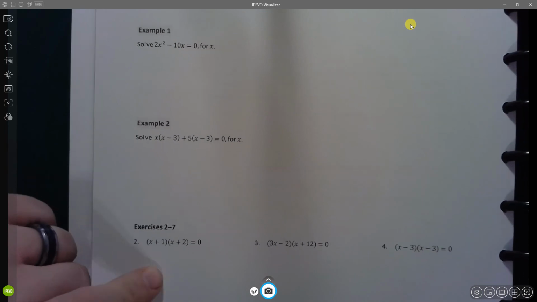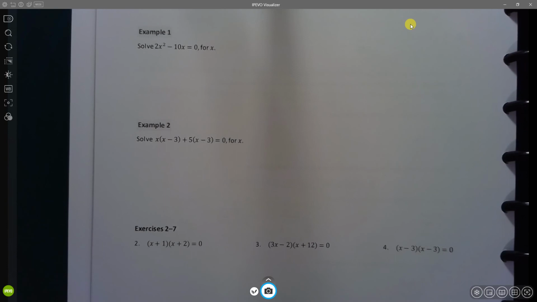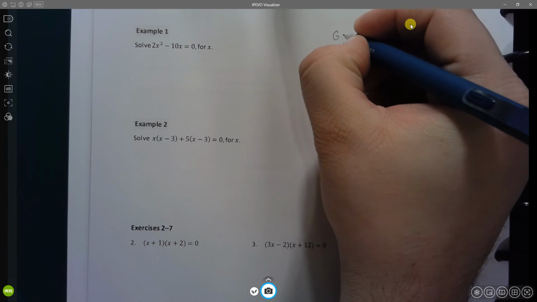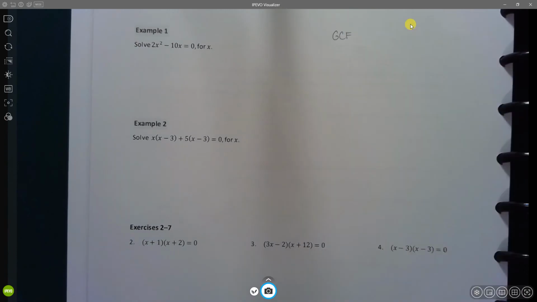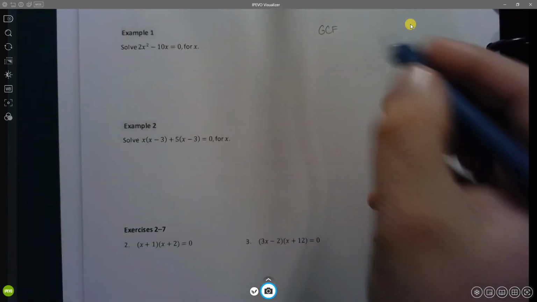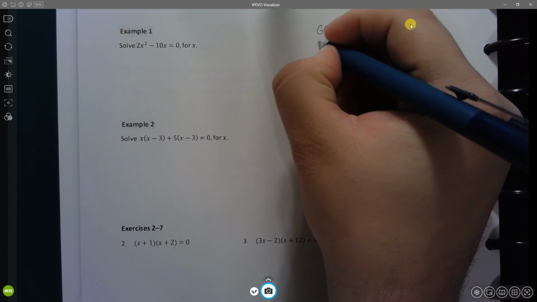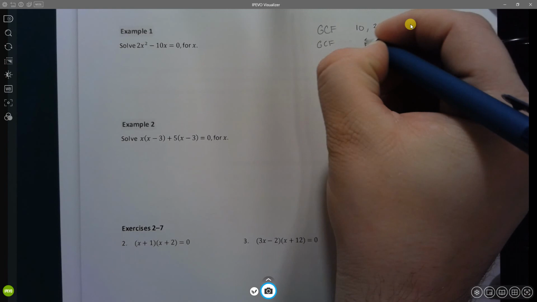Example number 1 is one of my favorite problems. Because you look at this and you're like, what in God's green earth, Mr. Hale? If you remember, a long time ago we talked about greatest common factor. If I asked you what the greatest common factor of 10 and 25 was, you would tell me that the GCF would be 5.